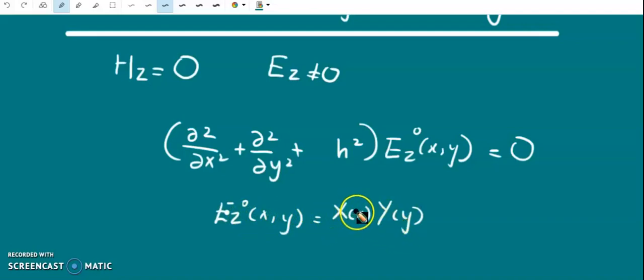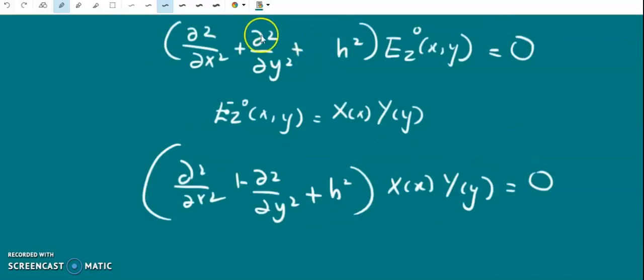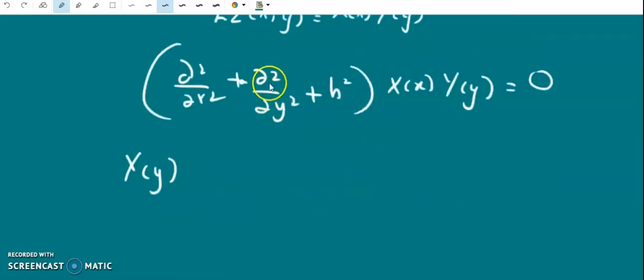Capital X is a function of small x alone and capital Y is a function of small y alone. Substituting this in the equation, we get dou square by dou x square plus dou square by dou y square plus h square acting on X of x times Y of y equal to 0. First of all, we can find dou square by dou x square acting on X of x times Y of y.